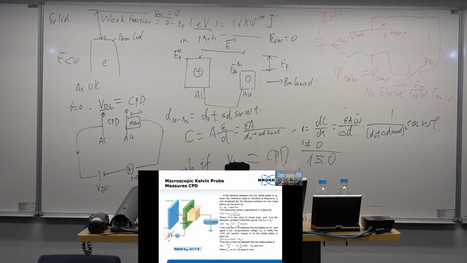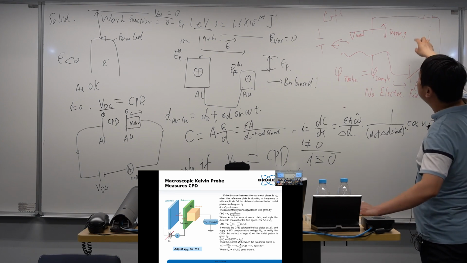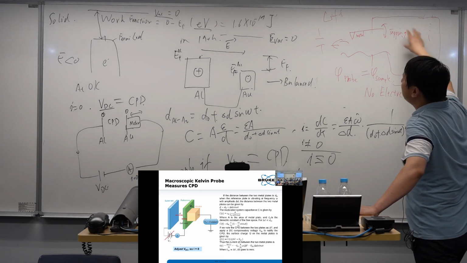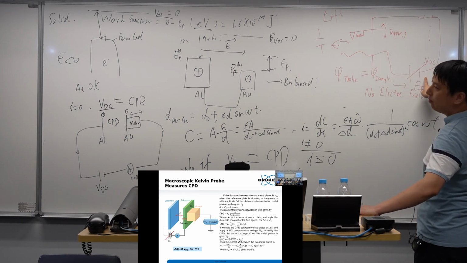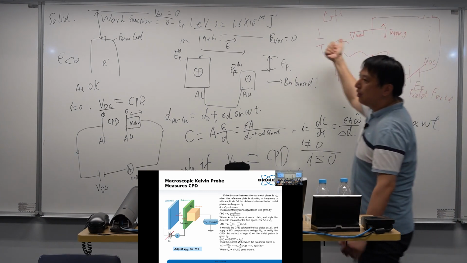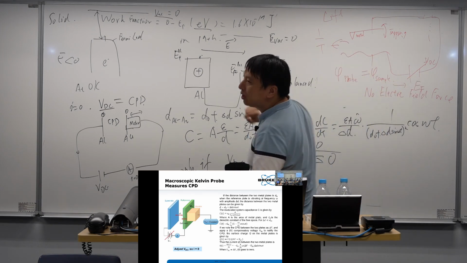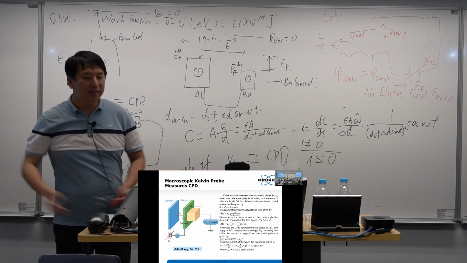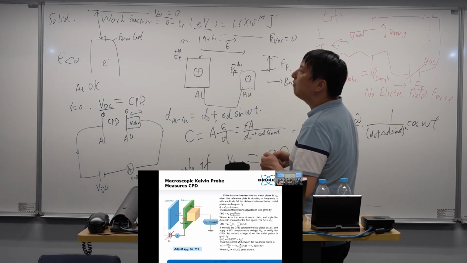We don't measure anything about current. We just measure the electric field force sensed by the probe, and we adjust the VDC. Once this force is zero, this VDC equals the potential difference, right? That's the idea of the KPFM.